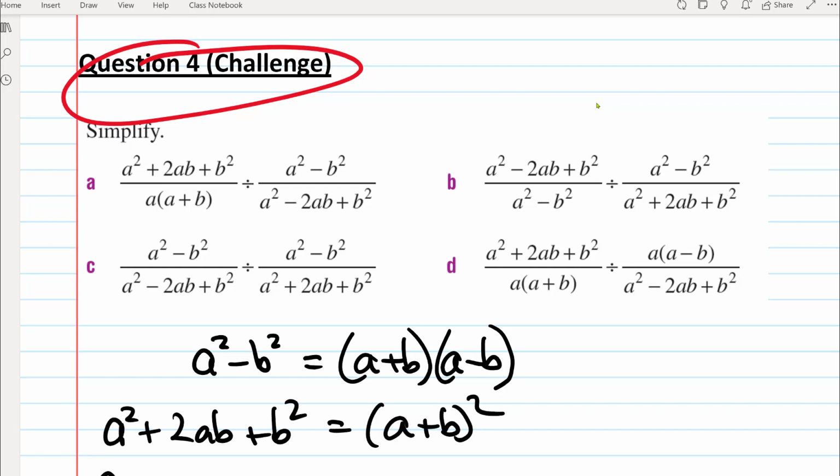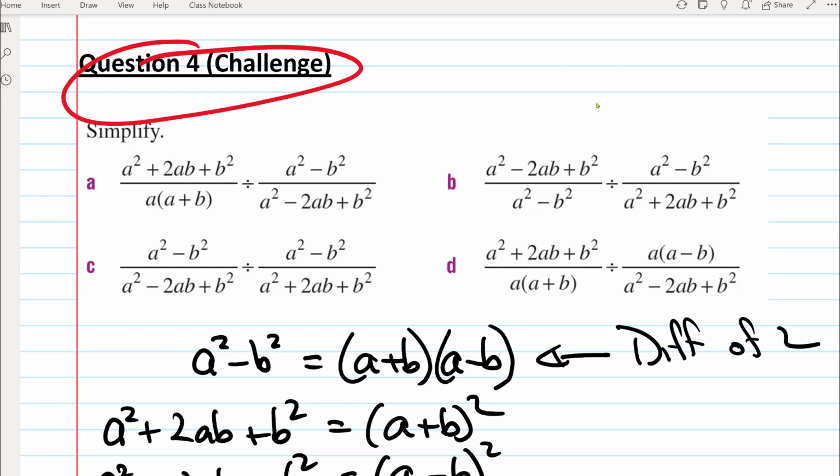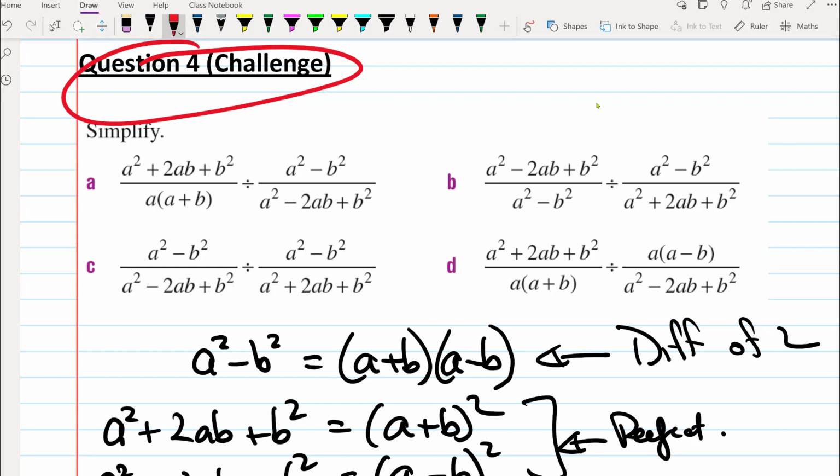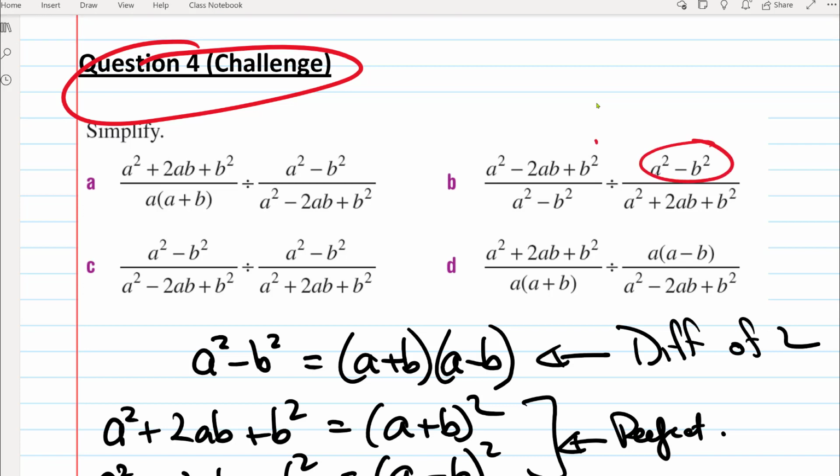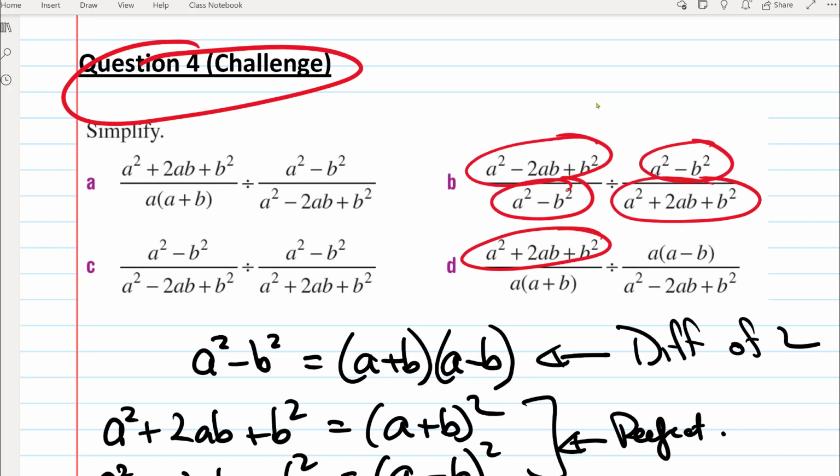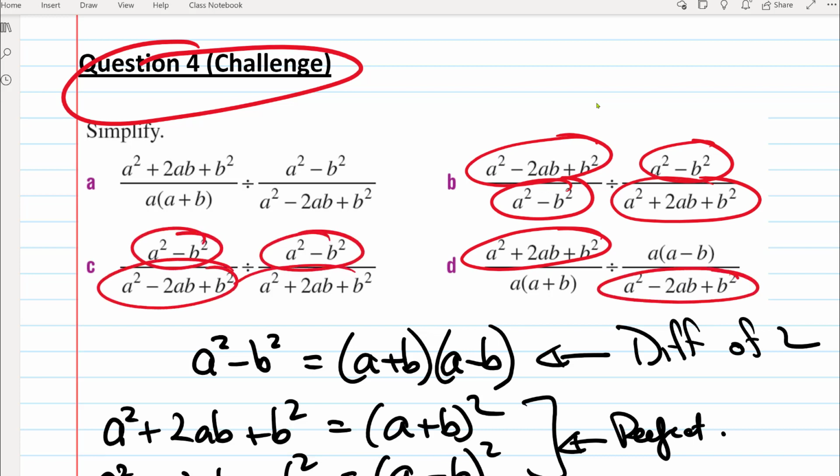Now, in knowing these two, I'm only going to call them two because this one I'm writing now is just a subtle difference. That's called the difference of two squares. And this is the form of a perfect square. So we can see here, if I just change pen colors: difference of two squares, perfect square, difference of two squares, perfect square, difference of two squares, perfect square, perfect square.